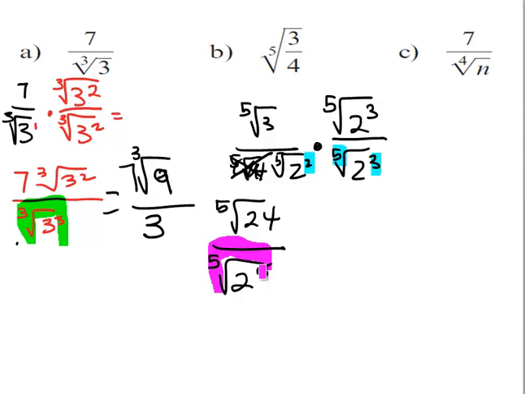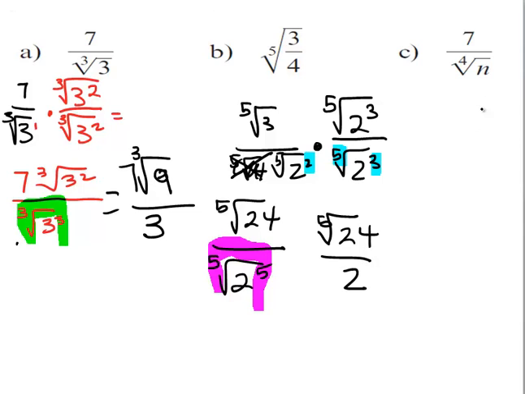I do my rainbow, I end up with 2, so I have the 5th root of 24 over 2. And it might be tempting to try to reduce that, but you really shouldn't.